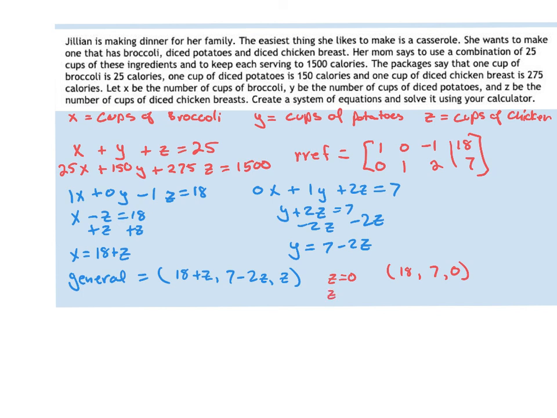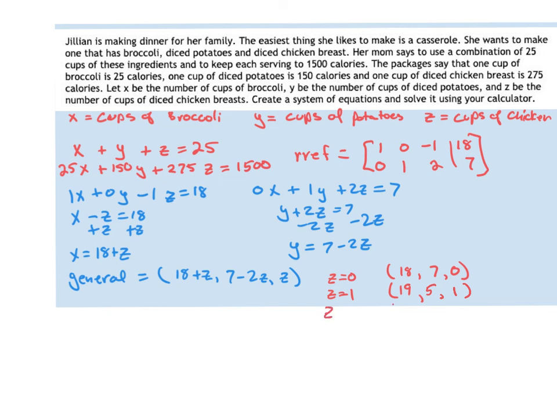The next one: what if z is equal to 1? Well, then we have 19 cups of broccoli, 5 cups of potatoes, and 1 cup of chicken.